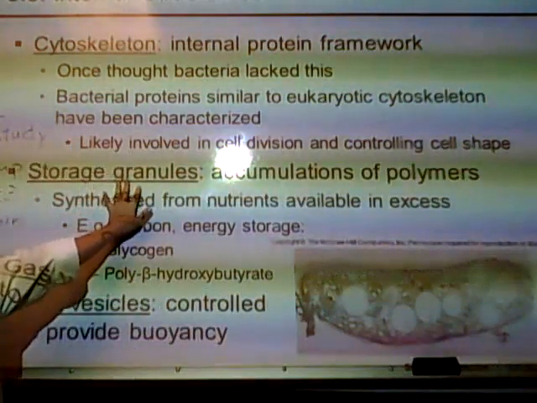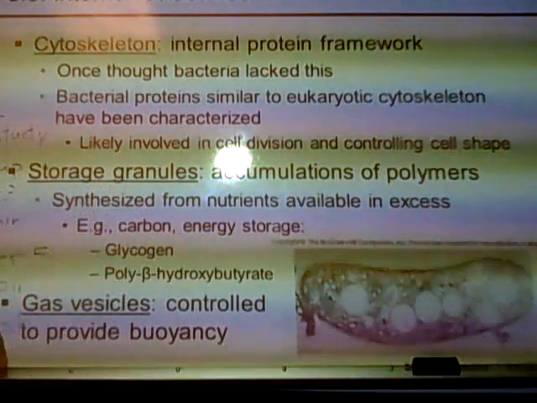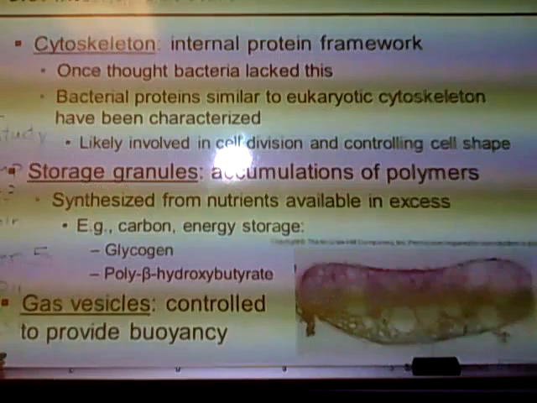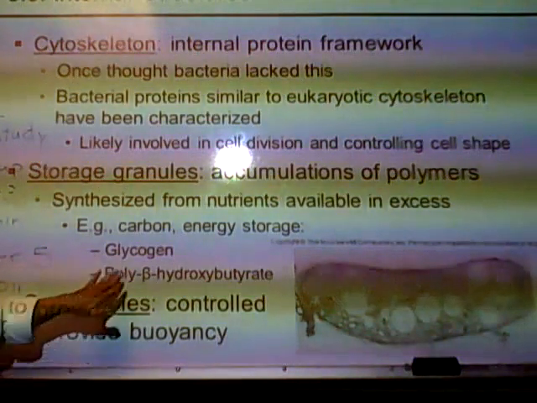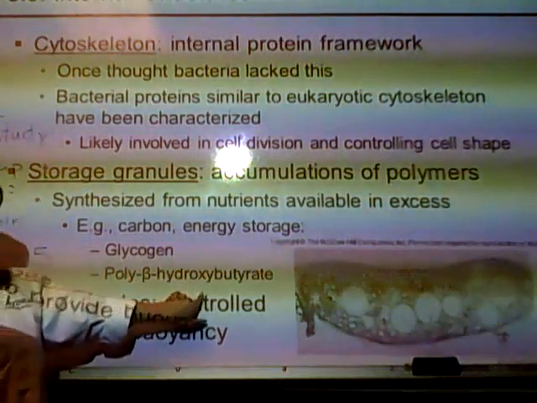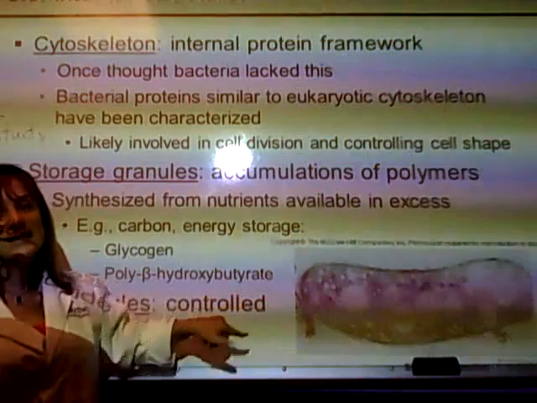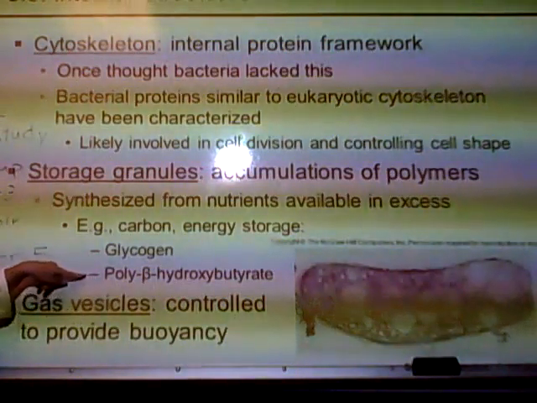Okay, storage granules. What's in a storage granule? Well, it's storage. It's basically just going to be large, tightly packed polymers, such as starch. Okay, so glycogen, poly-beta-hydroxybutyrate. We actually get that from microbes.